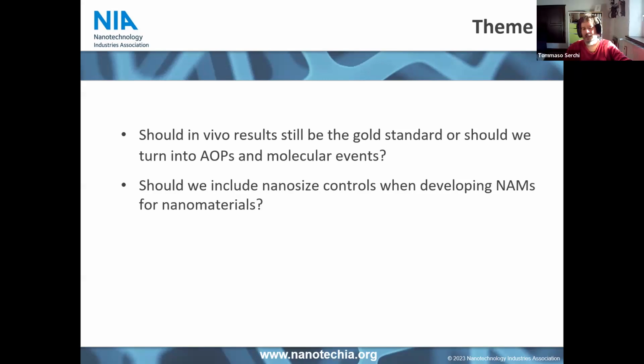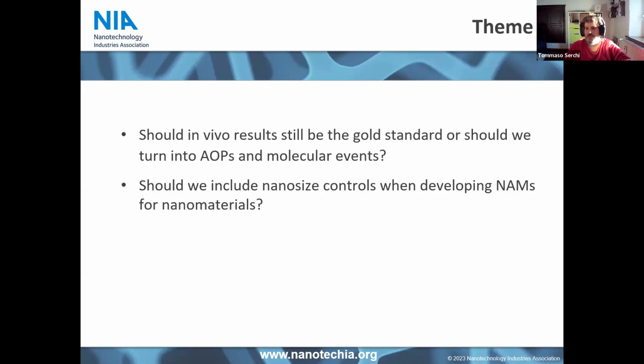And also, again, we want to predict human relevant endpoints using organisms which are extremely far away from humans. So I would be a bit careful there. I do agree with Elijah. I don't think we necessarily need nano-size controls, but if we do need them, they have to be specific for the biological effects that we want to see. Otherwise, they're irrelevant. But as I said before, we need to gain the trust in our systems.